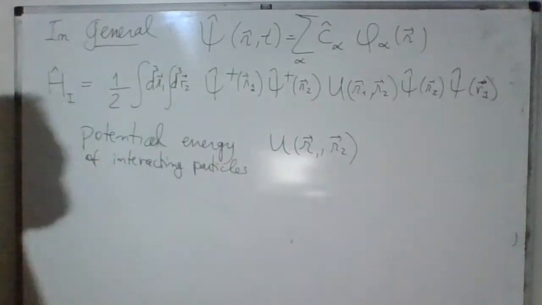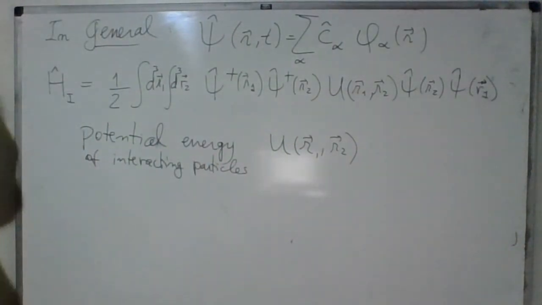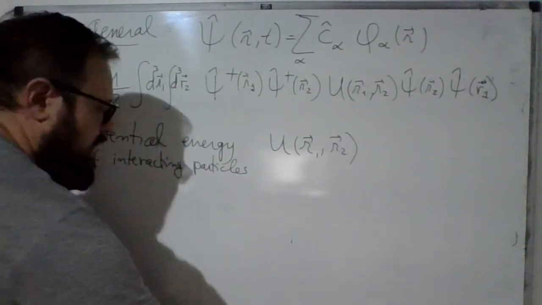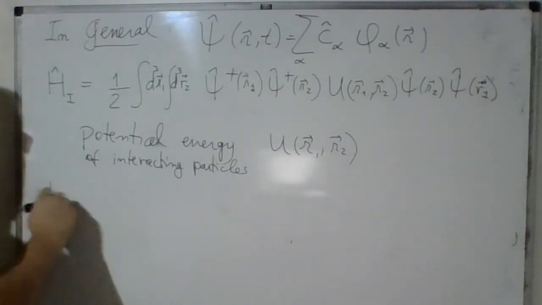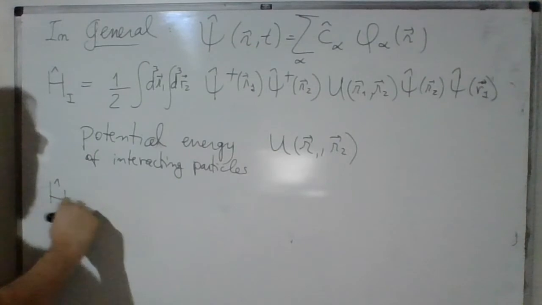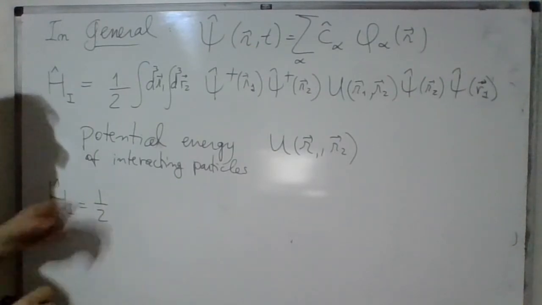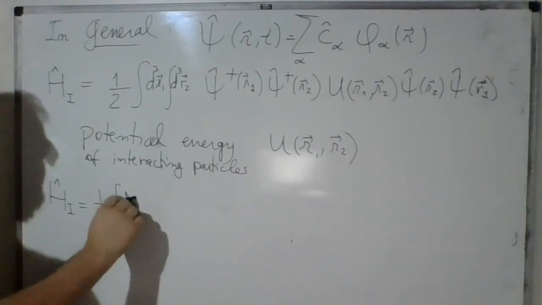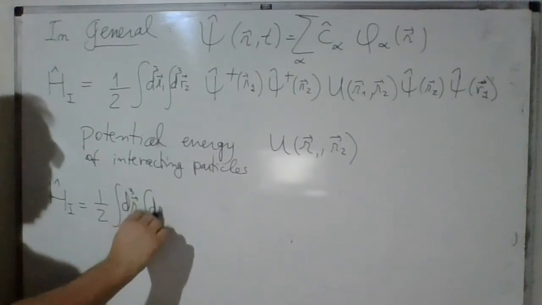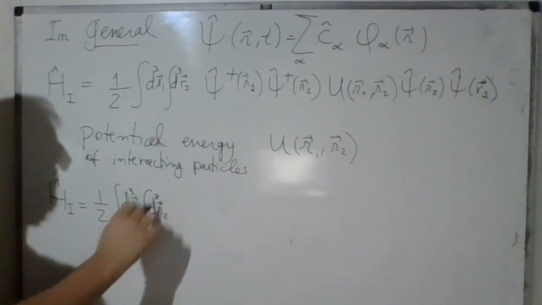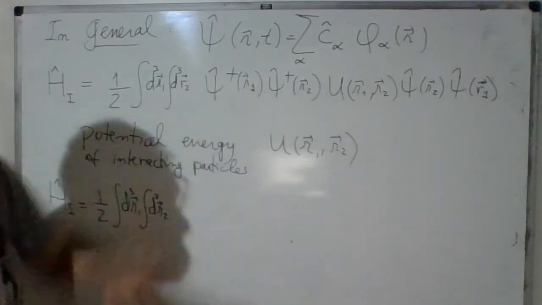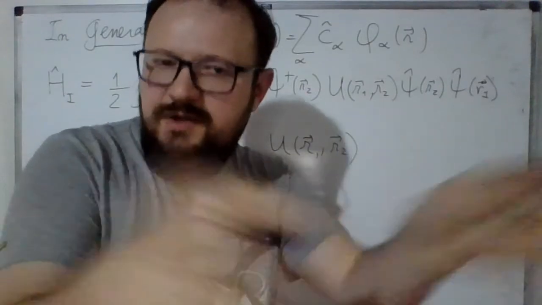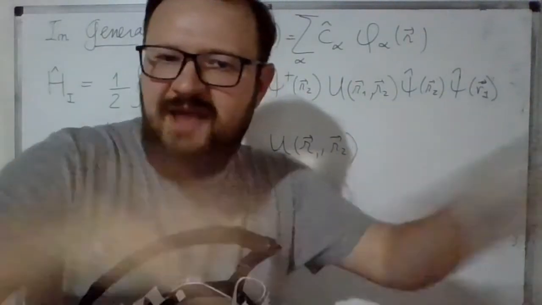And now we will use a complete basis. So when we rewrite the interaction Hamiltonian in a second quantized fashion, you need to integrate over R1 and over R2, which are the coordinates of the first and the second particle taking place in the collision or in the interaction, in the scattering.